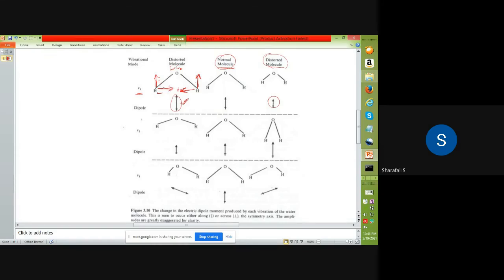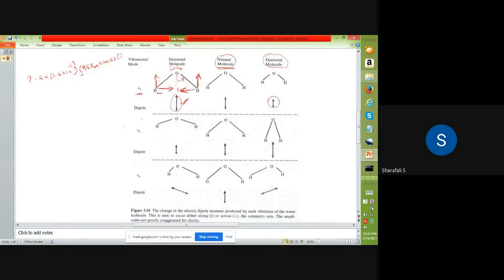The dipole moment will come as 2 times the charge, 1.6 times 10 to the power minus 19 coulomb, times the separation between this oxygen and hydrogen, which will be around 95.8 pm. This times cos theta, where this angle is around 52.2 degrees.